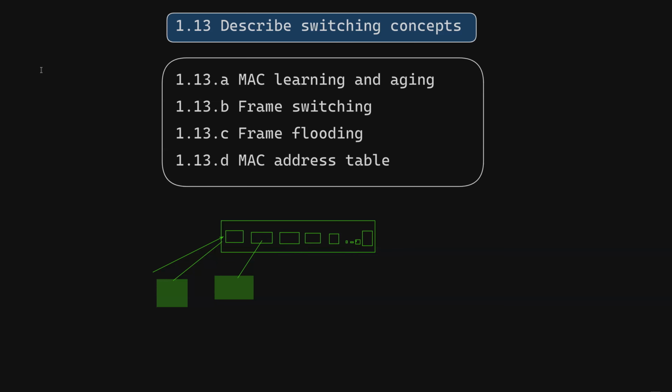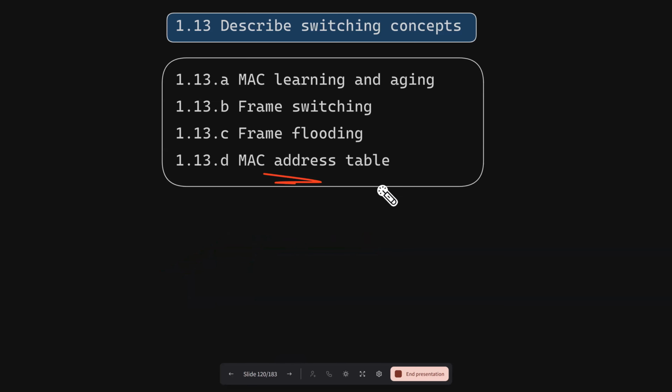So switches are learning the addresses and building their tables. That is nothing but the MAC address table, and they have an aging time of 300 seconds. That means 5 minutes. So if you do not send or receive traffic within 5 minutes, they will flush the MAC entry from their CAM table.